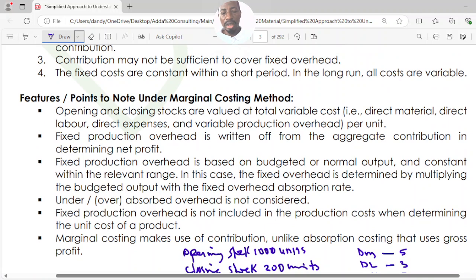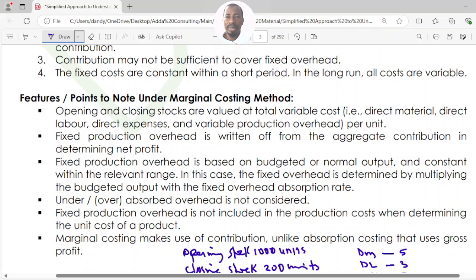So the number one feature you need to take into consideration is that opening and closing stocks are valued at total variable cost per unit. Then the next point is that fixed production overhead is written off fully from the aggregate contribution in the determination of net profit.